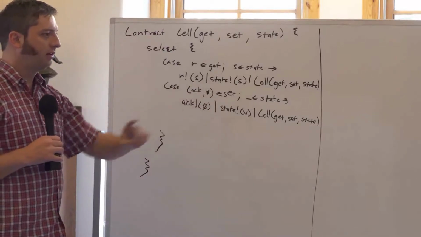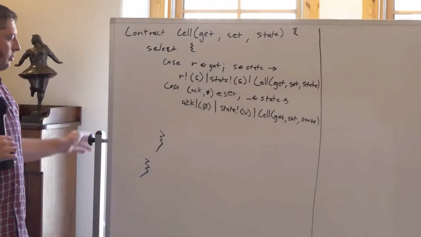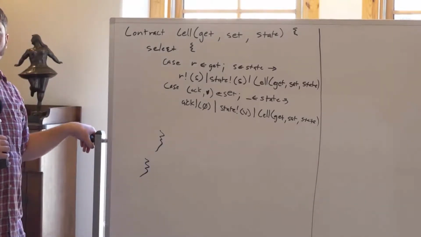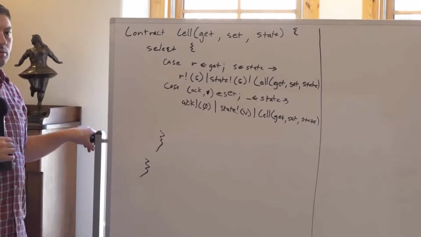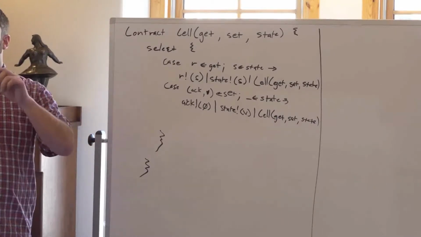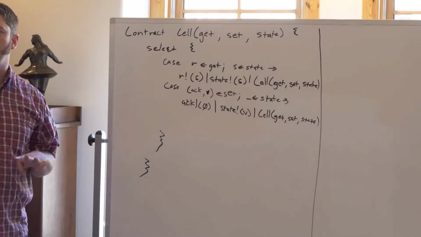Actually, I don't understand, because the act is not ordered with respect to the state and cell. Can you walk me through how the act works? That's true, but they all three exist at the same time.